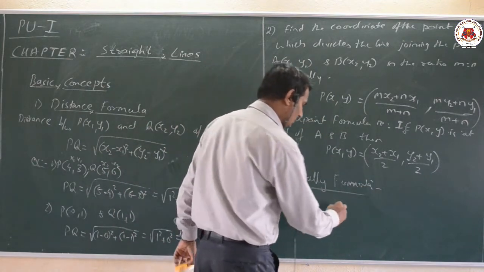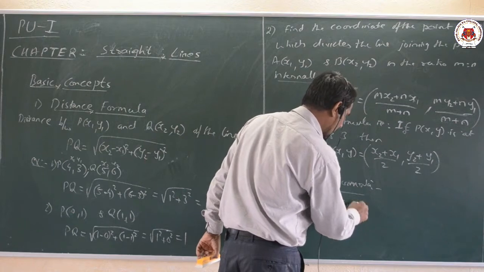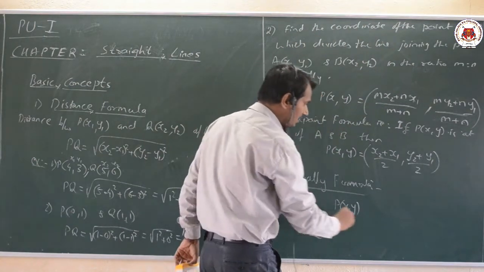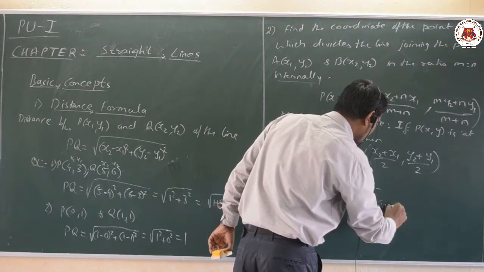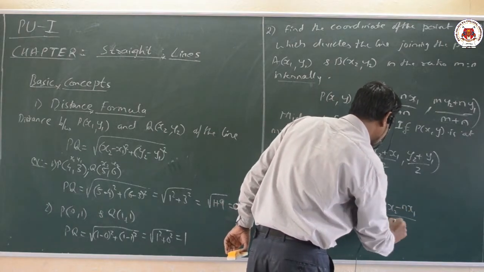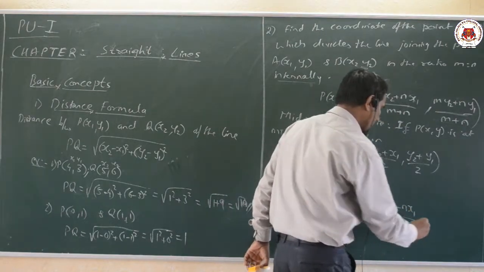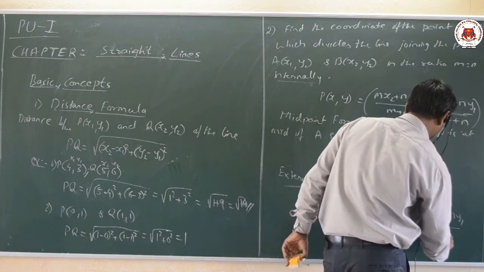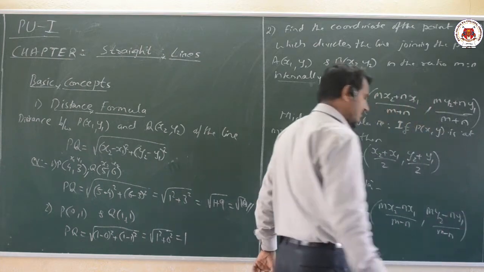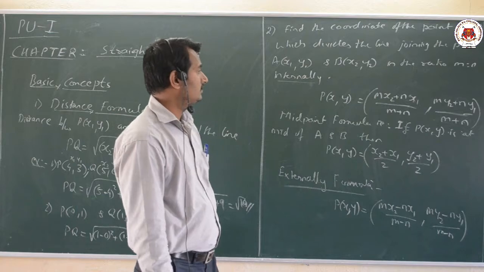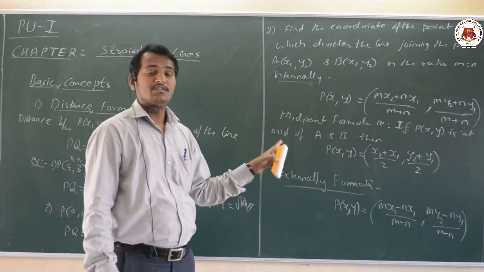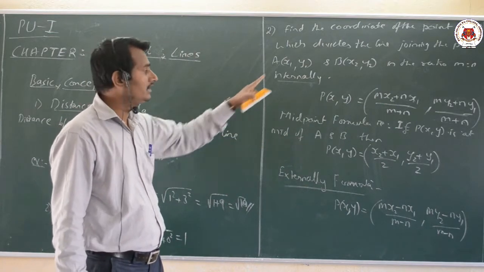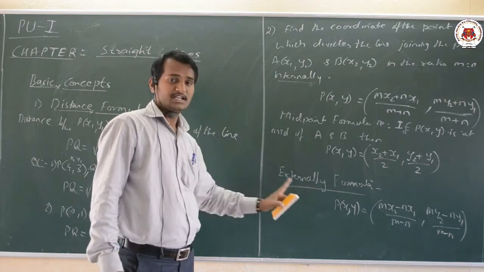If the point is external, the formula will be P of x comma y, everything the same, only the difference is externally the value will be m x2 minus n x1 whole divided by m minus n, comma m y2 minus n y1 divided by m minus n. That is our formula to find the coordinates of the point which divides the line joining AB in the ratio m is to n, internally, midpoint, and externally.